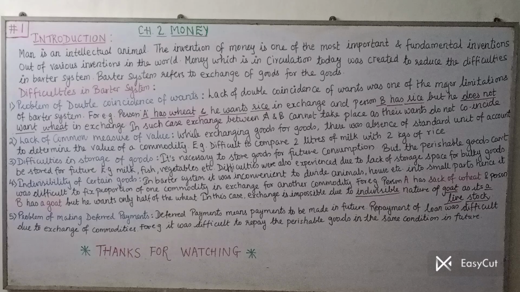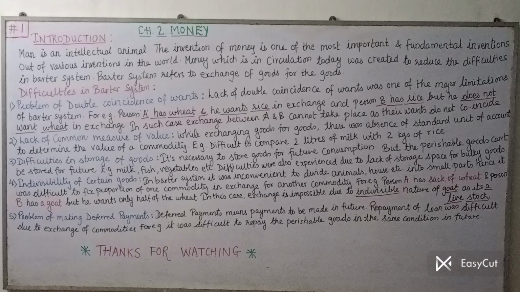The fourth problem, or the fourth difficulty, was indivisibility of certain goods. In the barter system, it was inconvenient or impossible to divide certain animals or certain bulky goods such as a house into small parts.